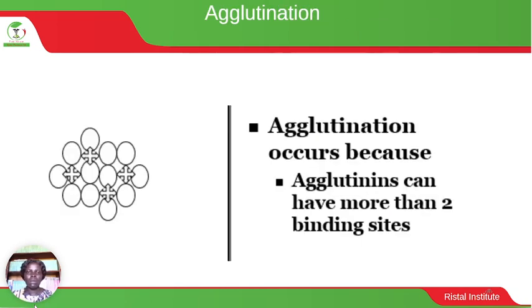So let's look at agglutination. Agglutination occurs because agglutinins can have more than two binding sites. As you can see in that pictorial, the agglutinins are binding to more than two binding sites. Because of that, they cause what is called clumping. These cells will clump together, hence agglutination.